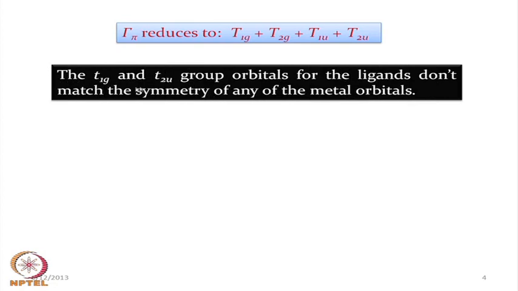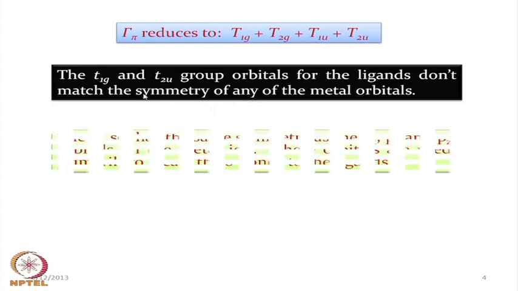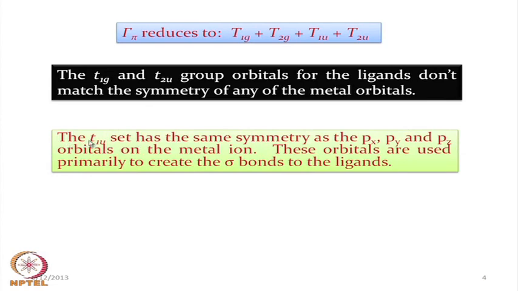So, the T1g and T2u group orbitals of the ligand do not have the corresponding symmetry of any of the metal orbitals. So, T1g and T2u are just therefore not matching. The T1u set has the same symmetry as the px, py and pz orbitals on the metal ion. So, these orbitals are used primarily to create the sigma bonds to the ligand.